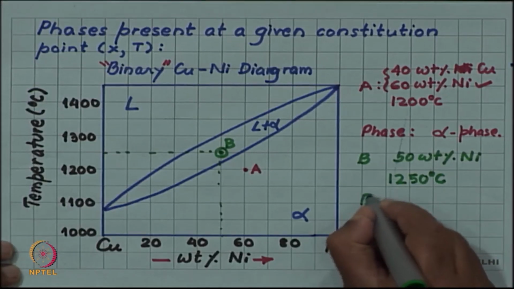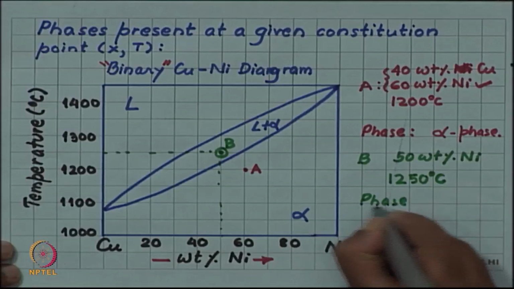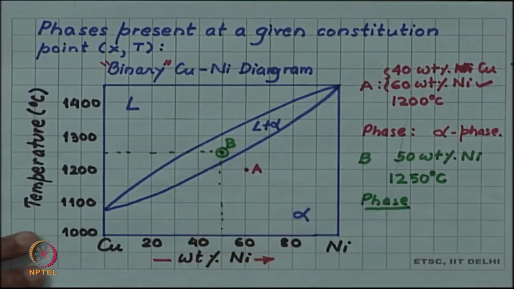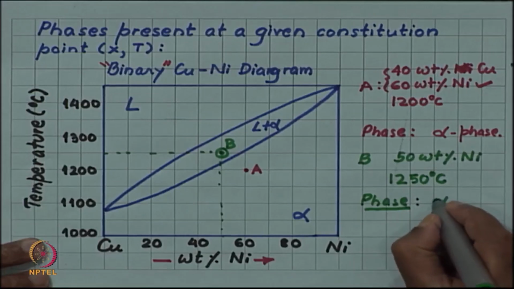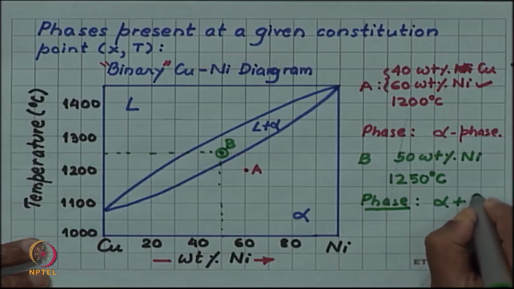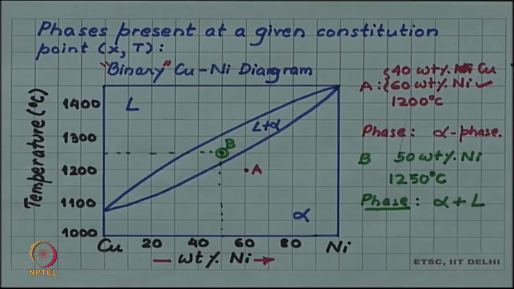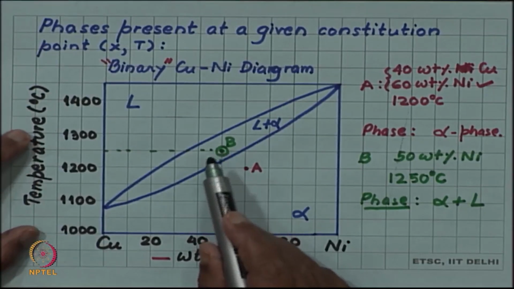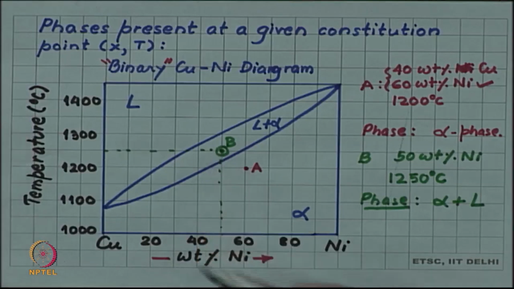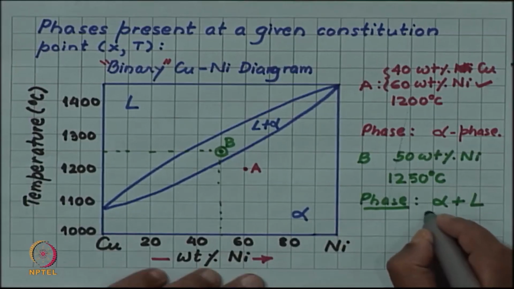This time we get a little bit more interesting answer, because now it is falling in the 2-phase region. So, we will find that 2 phases are present in this alloy, both alpha and liquid are present at this point. If I take such an alloy and heat it to 1250 degrees Celsius and hold it in equilibrium, meaning I wait for long enough time for equilibrium to be achieved, then I will find that the alloy is a mixture of two phases.